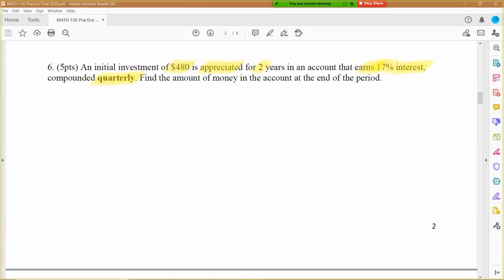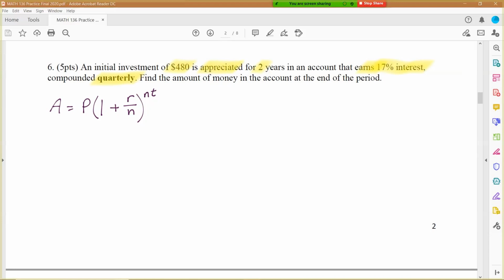So we have that formula that we gave to you last week, that A equals the principal, and then in parentheses 1 plus R divided by N, to the NT power. This formula is given to you on the top right of your reference sheet. On the back side, depending on which side you look at.